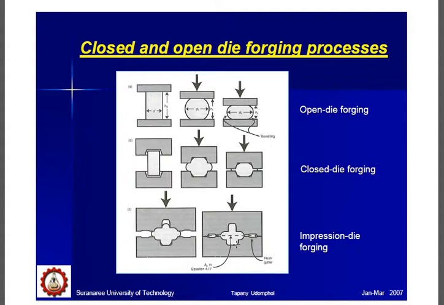Closed and open die forging processes. A is open die forging like this, B is closed die forging, and C is impact forging.